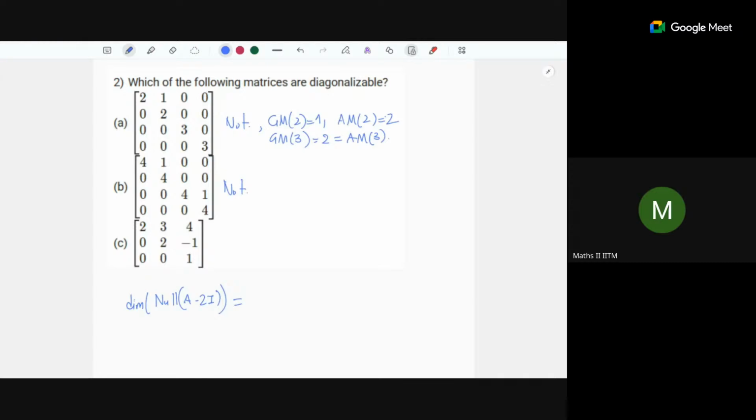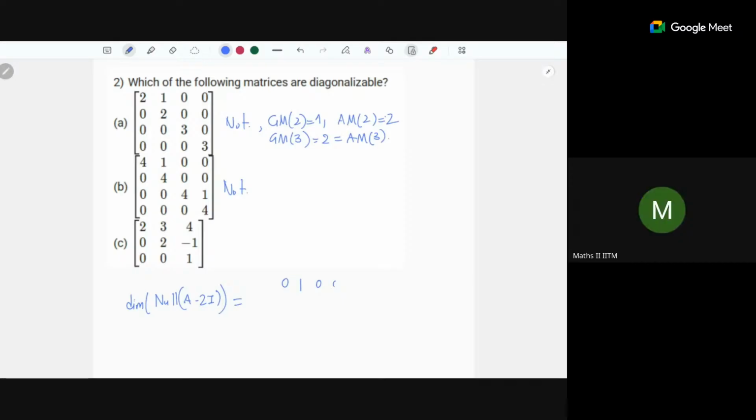Tell me. It's 0100, 0100, 000, yes, and then 0010, and the last one is 0001. Right.